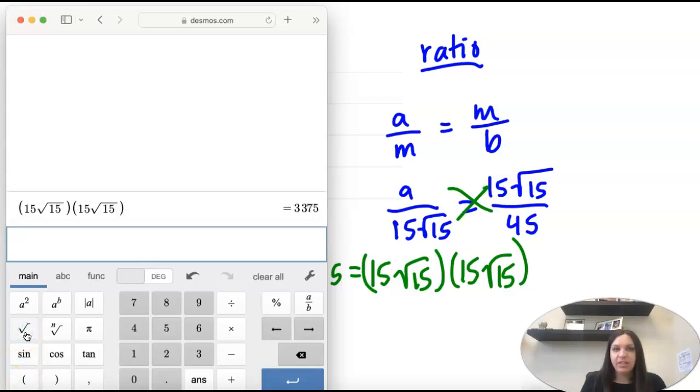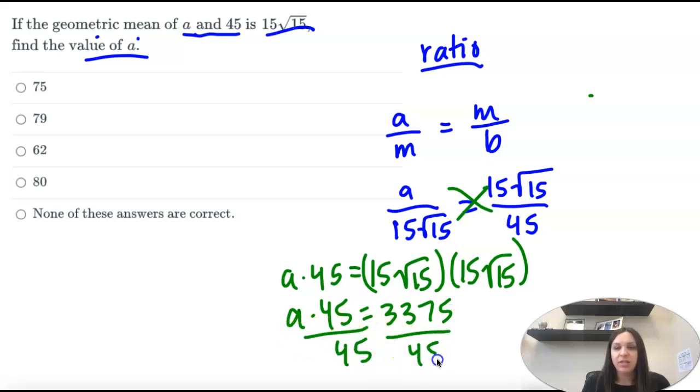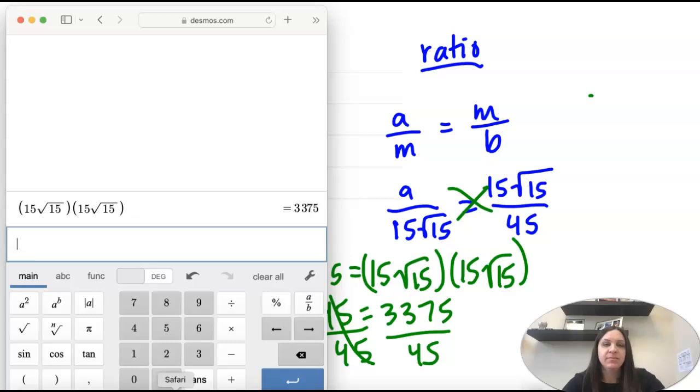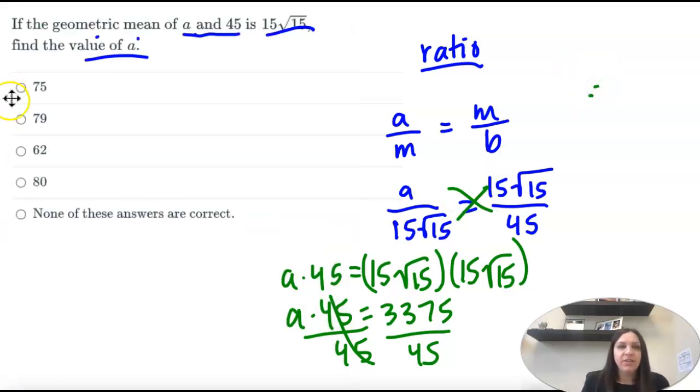That's 3375. So A times 45 equals 3375. Now to solve for A, we're going to divide both sides by 45. And we get 75.